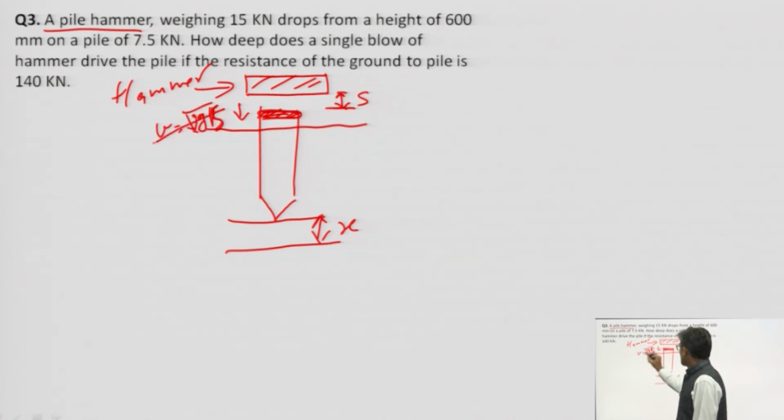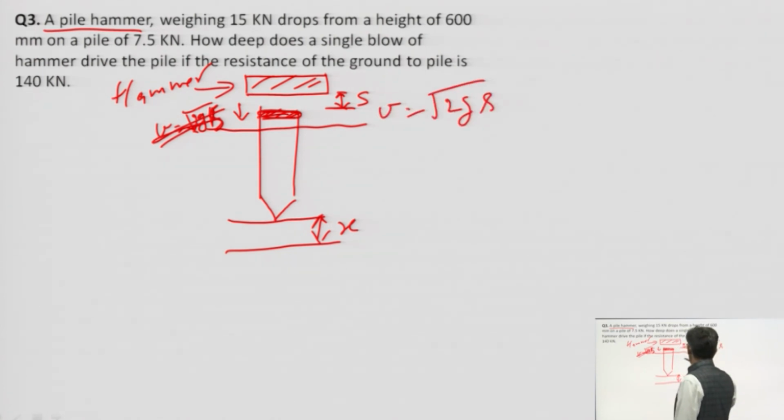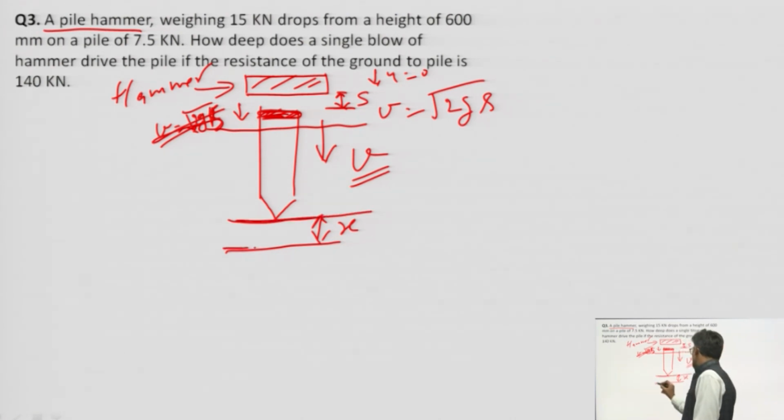The initial velocity u is equal to 0, and the final velocity is this v. When they are in contact with each other, the hammer as well as the pile move with the same velocity v, and in doing that, say the pile penetrates x.